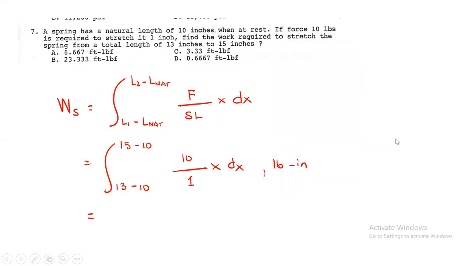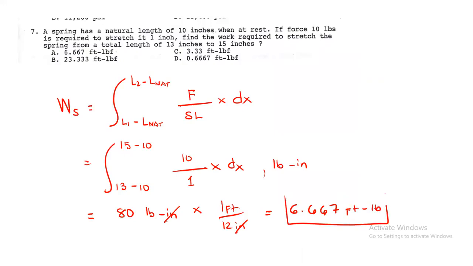So, 80 pounds-inch. Then, i-convert natin into foot-pounds, times 1 foot per 12 inches. So, ilan to? 80 divided by 12 is 6.667 foot-pounds. So, the answer is letter A.